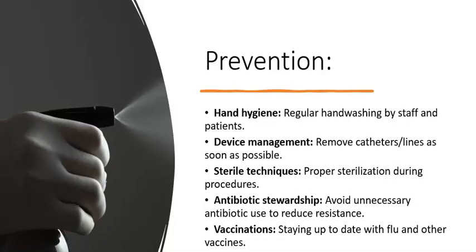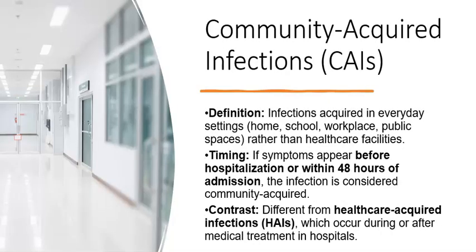Remove catheters and lines as soon as possible. Always use a sterile technique. Follow your antibiotic stewardship; most of your hospitals will have a policy on that. And then vaccinations, especially your flu and pneumonia, as well as COVID vaccines.